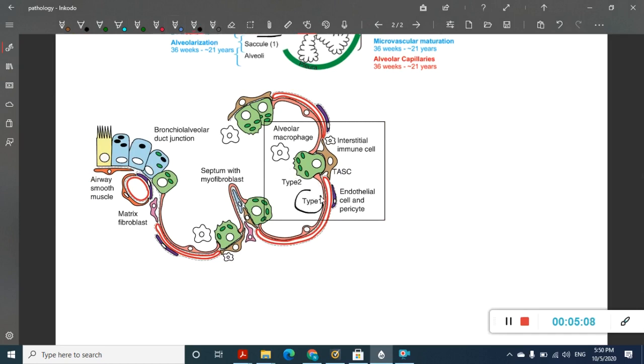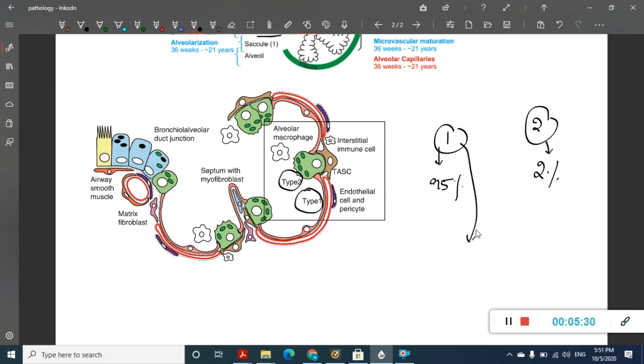We have type 1 pneumocytes and type 2 pneumocytes. See, type 1 pneumocytes are larger and type 2 pneumocytes are smaller. Type 1 pneumocytes are around 95%, and type 2 pneumocytes are just 5%.